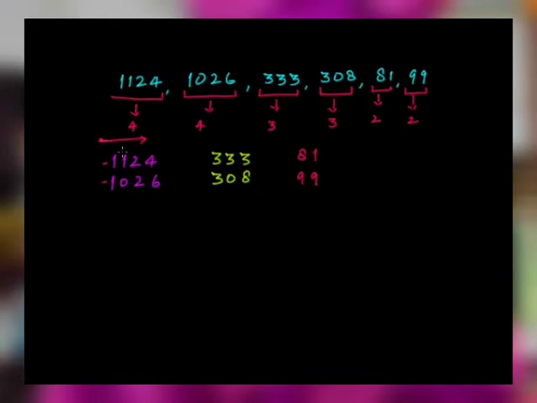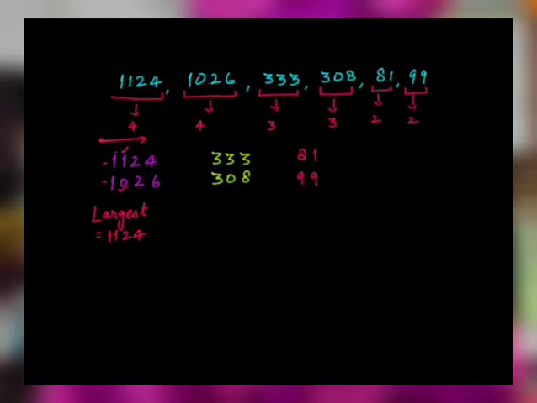This is 1, this is 0. So obviously 1 is greater than 0, and therefore the largest number is 1124. Okay, 1124, 1026, we're having 4 digits in the number.